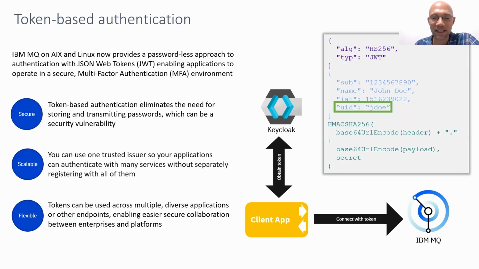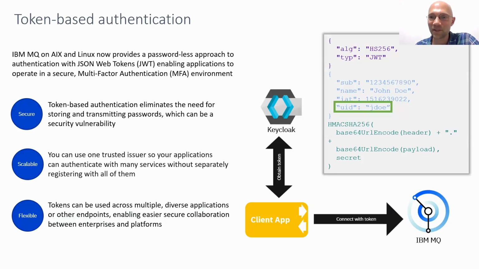Now, the way that the token is validated by the queue manager is that the queue manager checks that the signature of the token matches the keys or the certificates that have been loaded into the queue manager's key store. So there's no communication between the queue manager itself and the token issuer, but the queue manager already knows what the valid keys are that would be used by the token issuer, and that's how it checks the validity of the token.